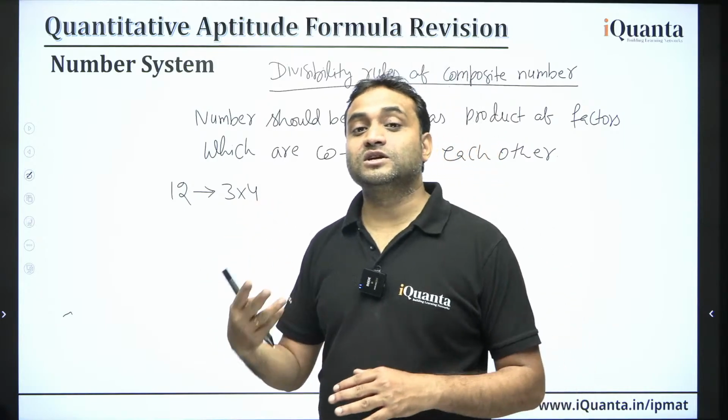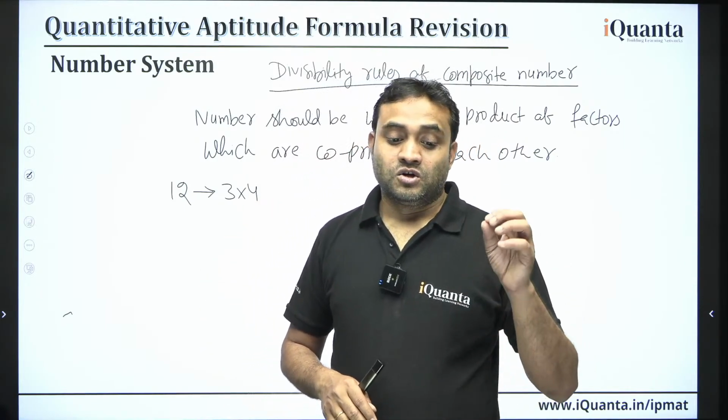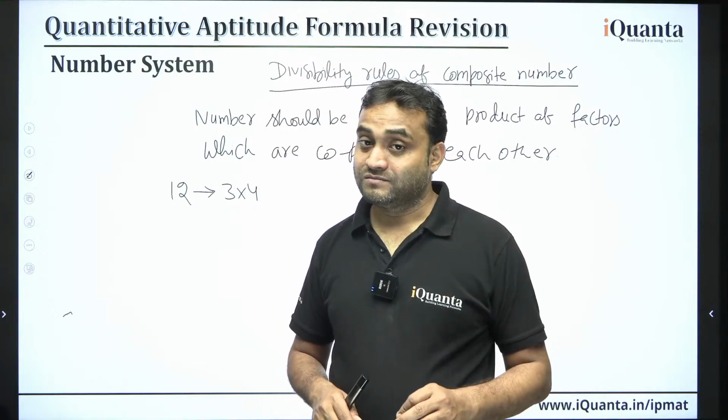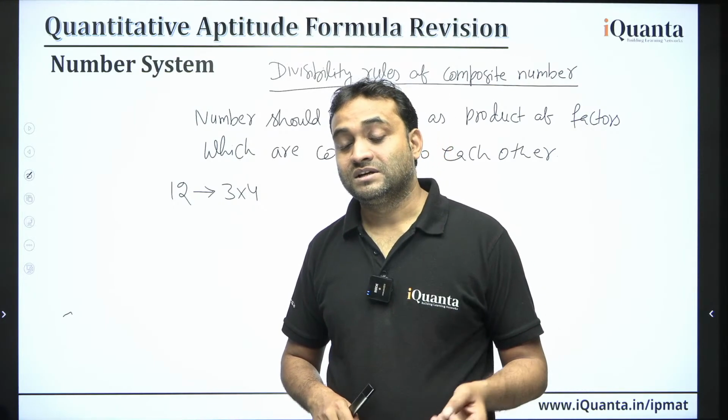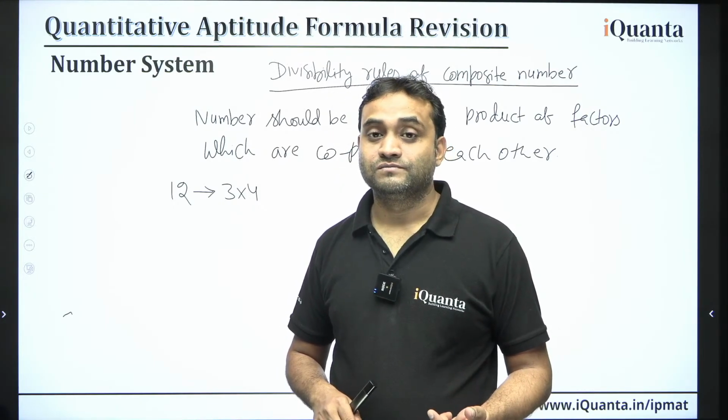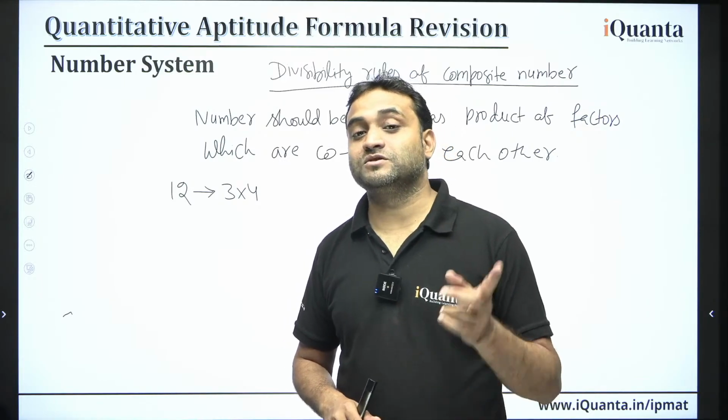If you want to check the divisibility rule of 12, divide the given number by 3. If that is divisible, divide the number by 4, then you can say that the number is divisible by 12.